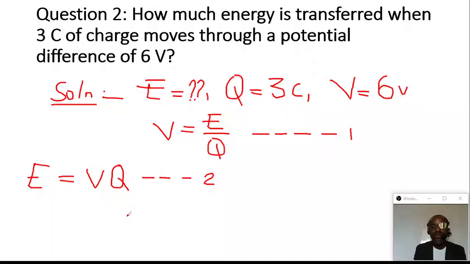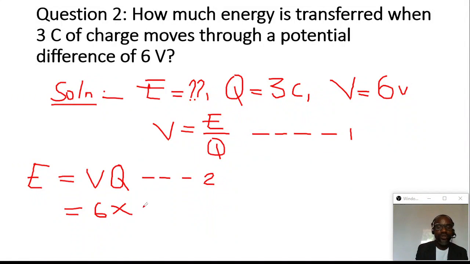So what do we need to do? Very simple. We are going to now substitute for Q and also substitute for V with their respective values and then simplify further to get the answer. So V is 6. Right, we write 6. Good. Then for Q, a multiplication sign comes in.